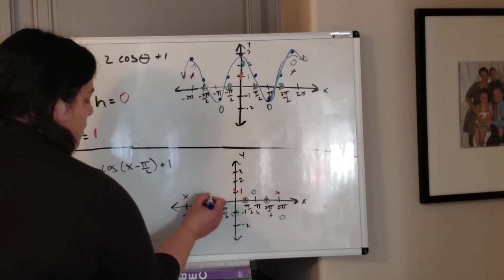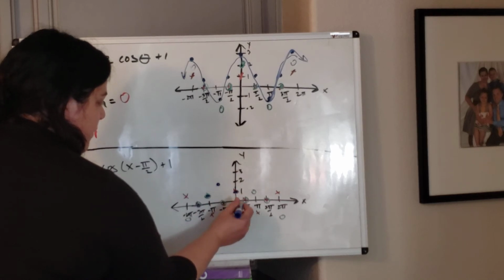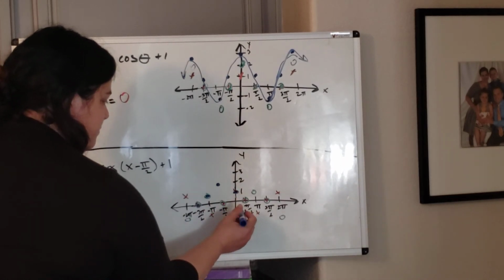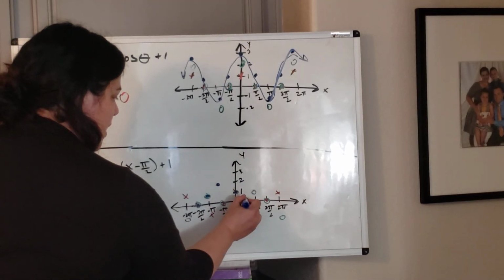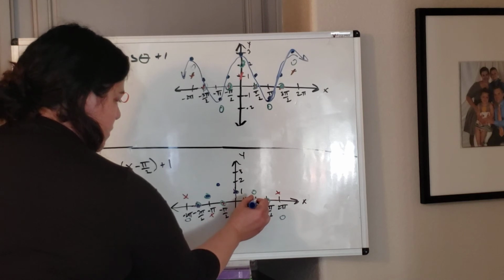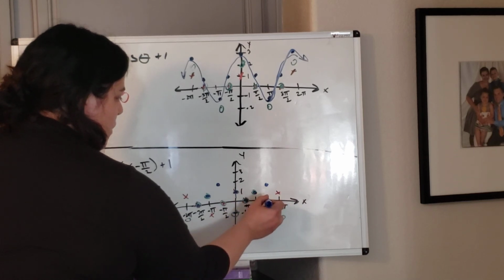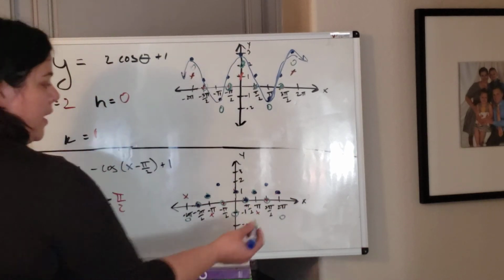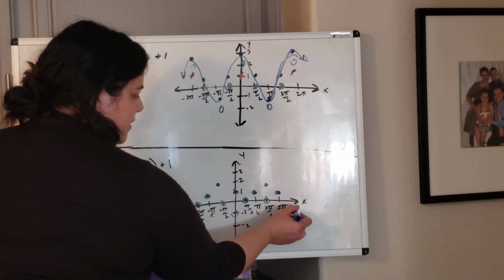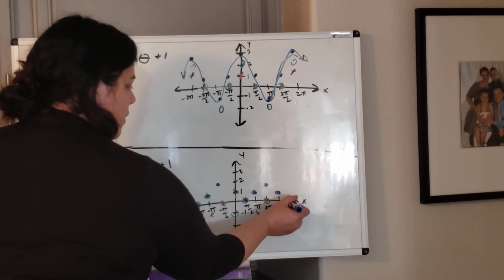Continuing that pattern, 1 to the right, 1 up, all the way across the graph, and I can also do 1 to the right and 1 up here to give me that whole thing.